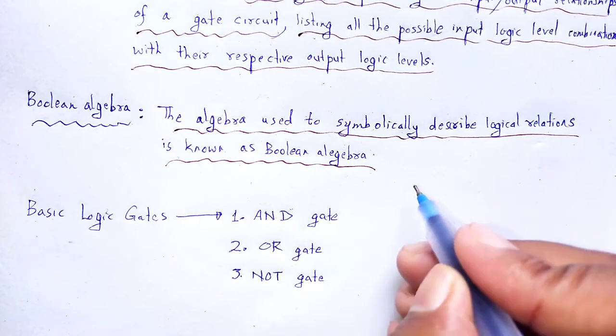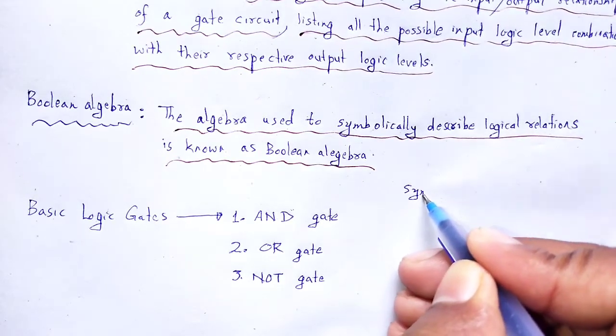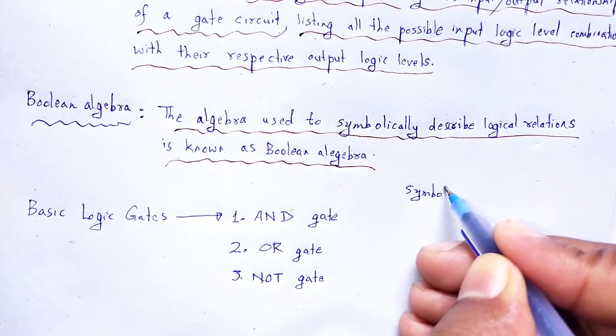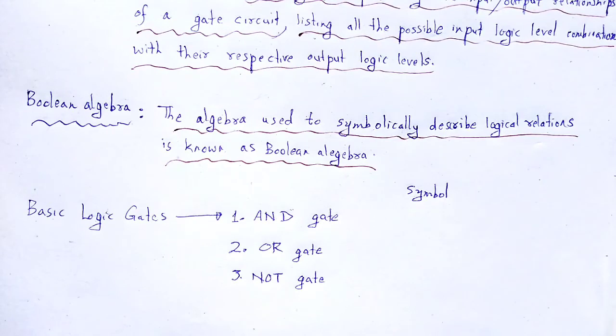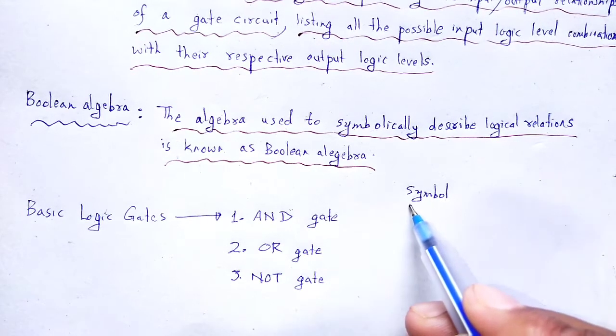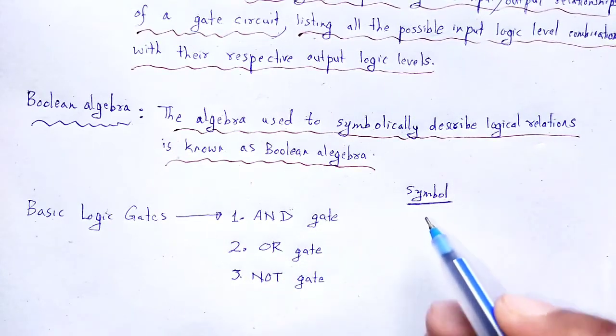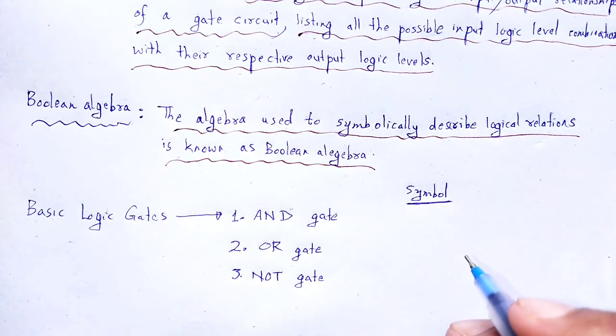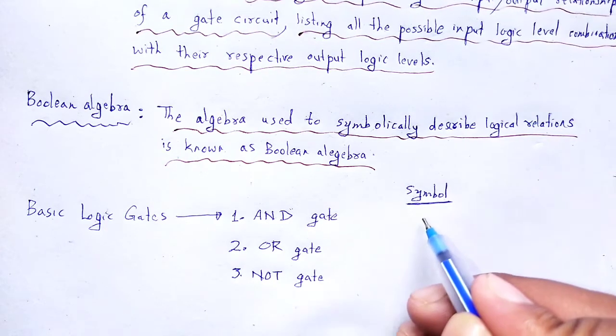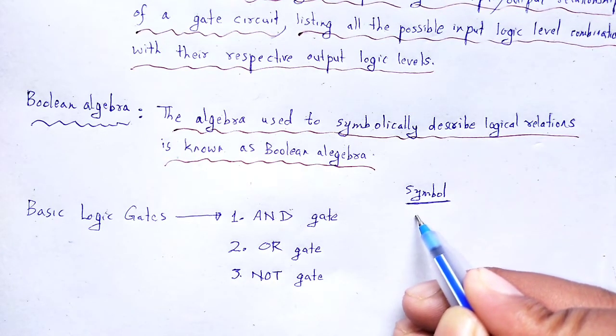First we look at the symbol of these logic gates. For the AND gate, the symbol is just like this.